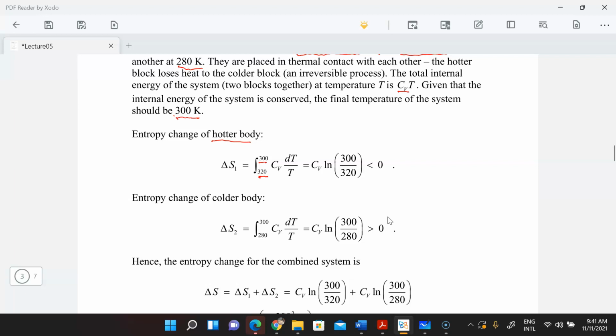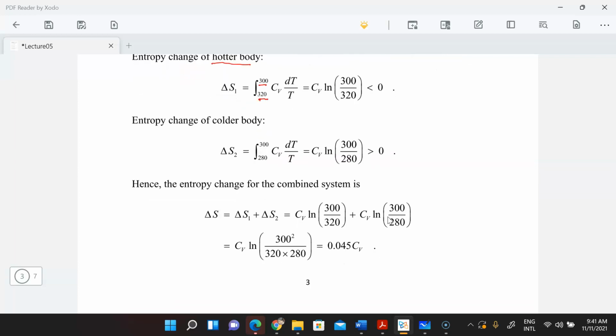But the combined system is not going to give you zero because it's an irreversible process. So when you combine these two changes, you'll find that CV is a common factor there, and then you have a log plus a log, and you know what that means. There's just a multiplication there.